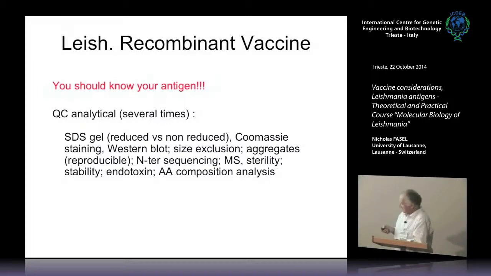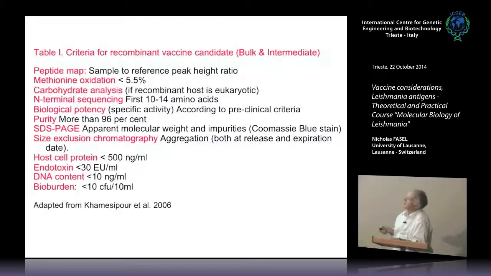So there are a series of things you have to do, and that depends very much on whether it's a recombinant or something else. So N-terminal sequencing, MS, sterility, stability, endotoxin, amino acid composition analysis. I think there is a paper by Kamesipo in 2006 where we summarize a bit, and you have all the detailed peptide map, oxidation level of your protein, carbohydrate analysis, N-terminal sequencing, biological potency, purity, SDS, size exclusion, and things which are quite important, which are host cell protein.